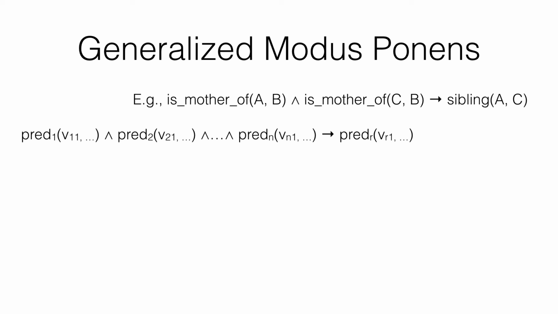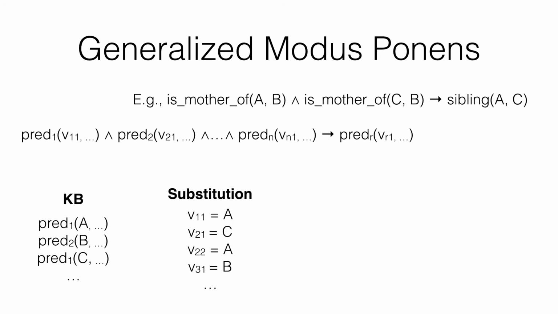So upstairs, in the example, you can see that B appears in both the first atom and the second atom on the left. So what we try to do in generalized modus ponens is take a knowledge base and find a substitution where we can plug in actual constants from our knowledge base into the variables of the horn clause such that the entire left-hand side is satisfied.